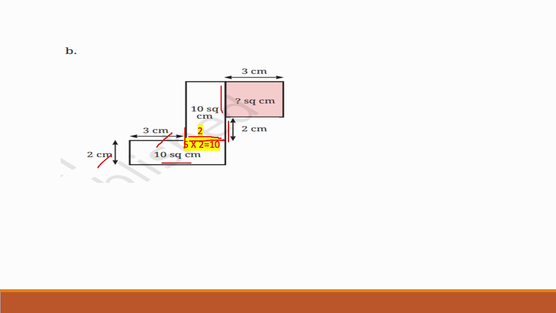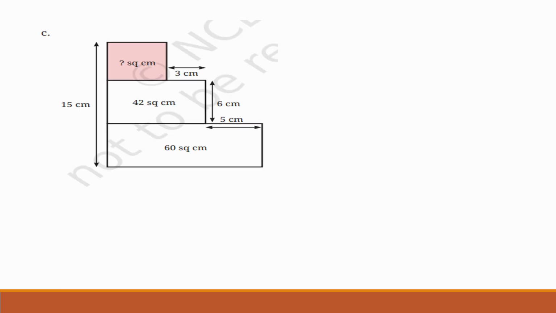So, 5 by 2, that is 10. 10 square centimeter. The next one, here, up to here it is 3 centimeter. Then what about the width? Width is 3. It is already given 3. So, area is 3 by 3. That is 9. 9 square centimeter.